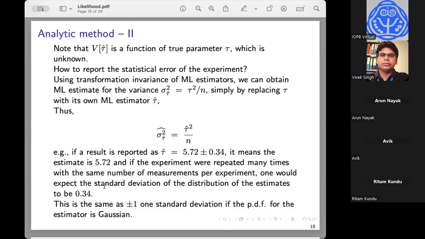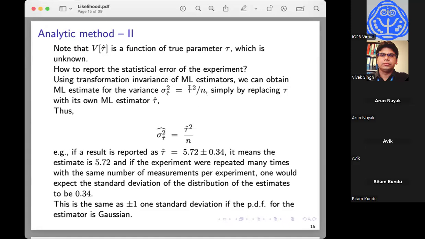And we know the transformation invariance, that means a function of a random variable is itself a random variable, right? So if a depends on theta, then we can write the estimator for a, which is called transformation invariance. In that case, we can obtain the ML estimate for the variance, sigma hat squared, which is tau squared by n.